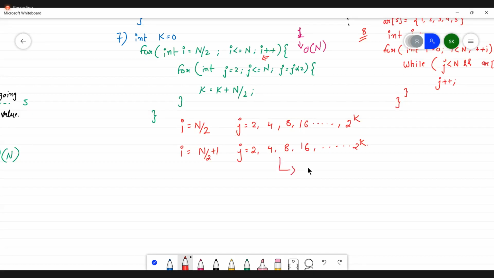This is a GP. Yes or no? Everyone, are you able to follow this? The J loop is following the GP every time.